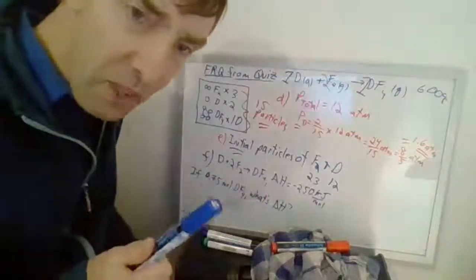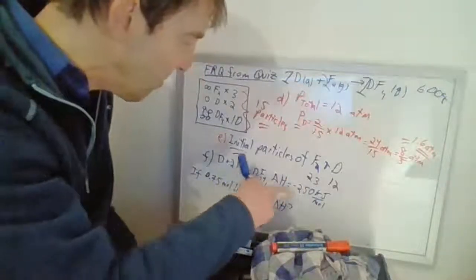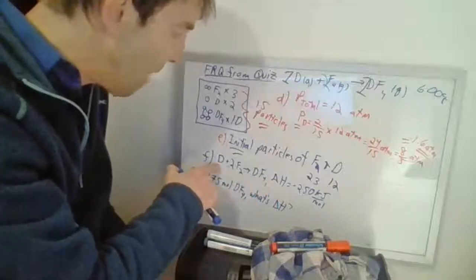Now, be really careful, gang. They don't want the same delta H number. This is if I got 1 mole, but I don't.